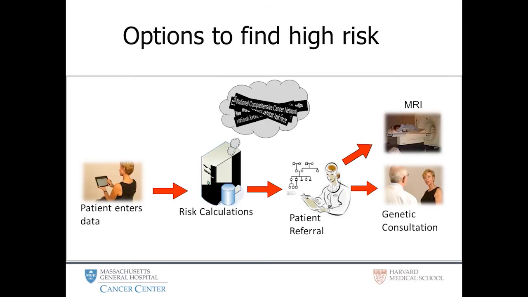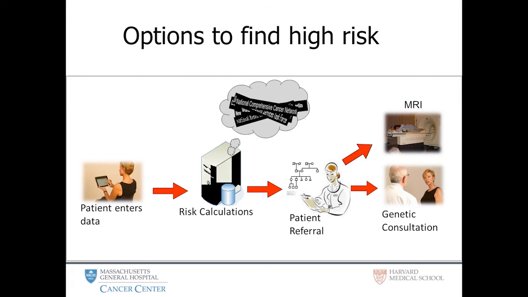Now, the way we approach this, the risk apps approach, is we let the patient enter her own data. So we give the patient a tablet PC or an iPad or let her do this from home through a website. The patient enters her family history through the computer. The computer runs the risk calculations and runs the various guidelines trying to identify which patients might be eligible for genetic testing or an MRI.